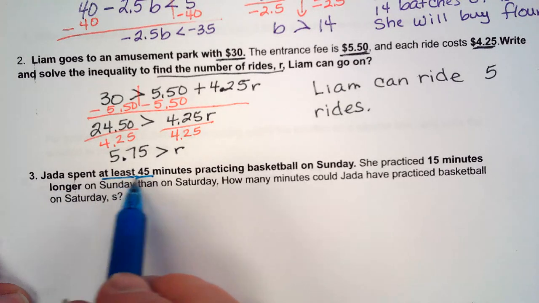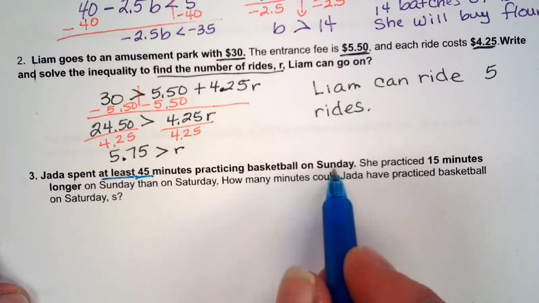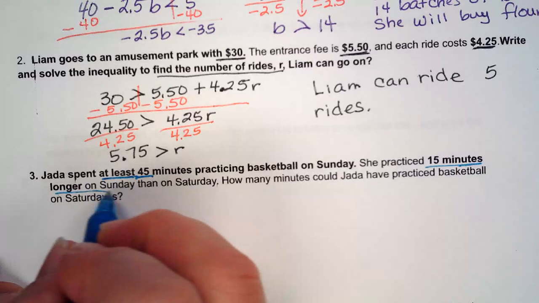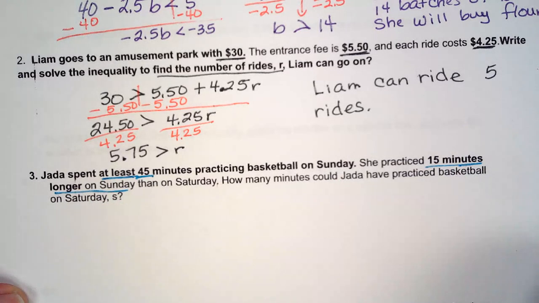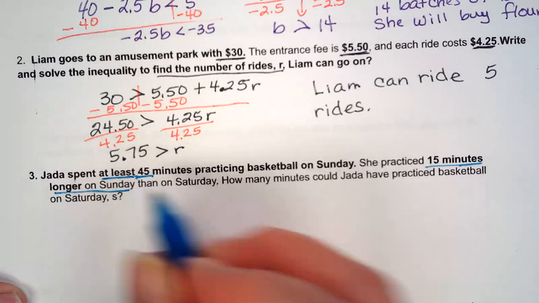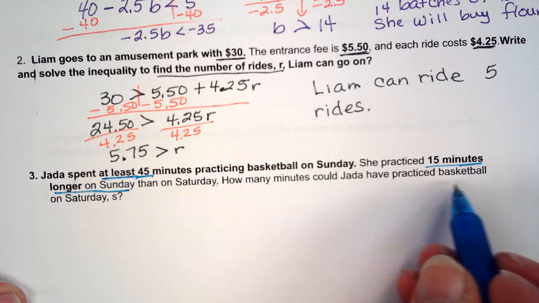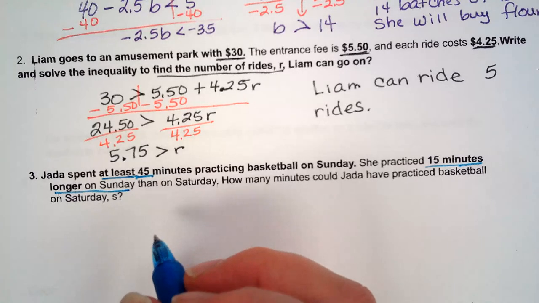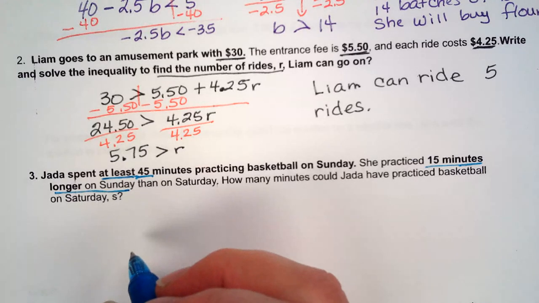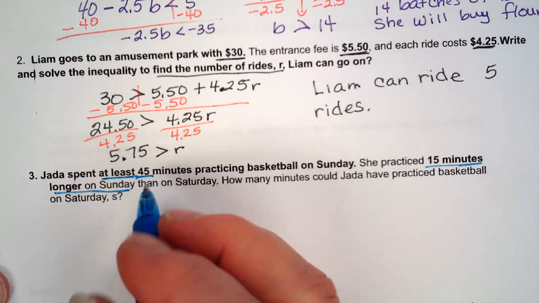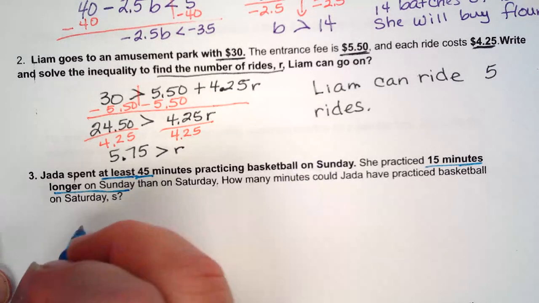Jada spent at least 45 minutes practicing basketball on Sunday. She practiced 15 minutes longer on Sunday than on Saturday. How many minutes could Jada have practiced basketball on Saturday? S. So, 45 minutes was the whole amount she did on Sunday.